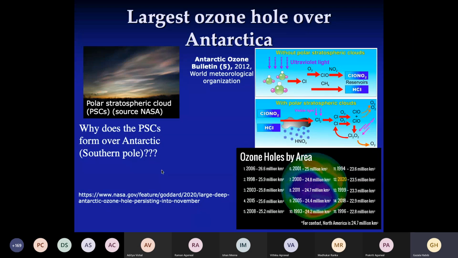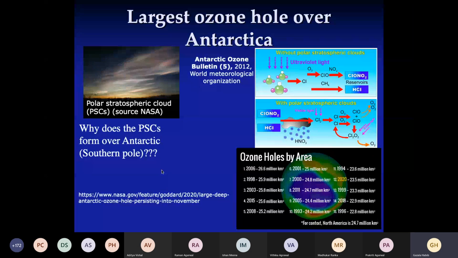Then if the cloud is present, what will happen? Because HNO3 is also present in this cloud, and because of the sunlight, this HNO3 will react with ClONO2, and it will again produce Cl2.